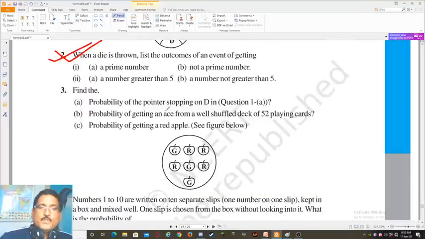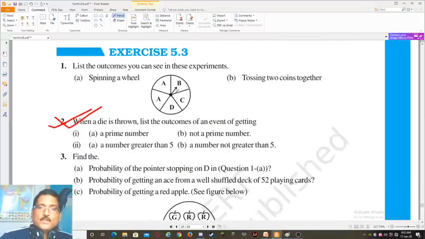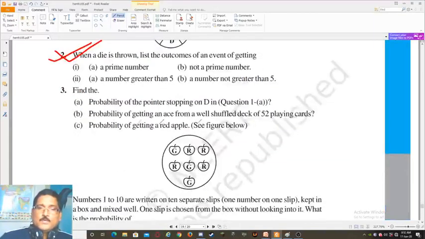So the probability of the pointer stopping at D. Question number 1, D. So how many D's are there? 1, and total outcome is 5, so 1 by 5. Okay. What is the probability of getting an ace from a well shuffled deck of 52 cards? We have discussed how many aces there are: 4 aces out of 52.